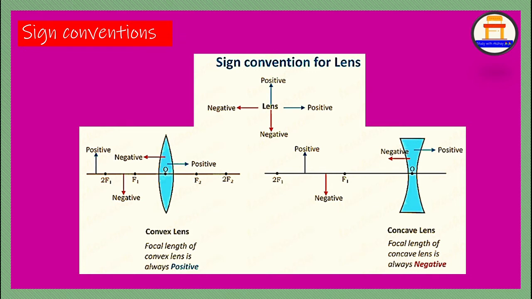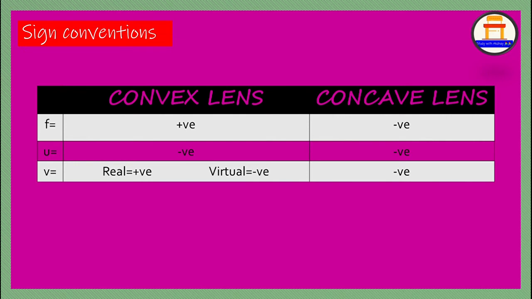We have a table which will say which is positive and negative. Let's move ahead. This sign convention table would be sufficient for you to crack the questions given in your 10th standard board exam, or any school paper, sample paper, or pre-board. If you learn these sign conventions, this would be more than sufficient.